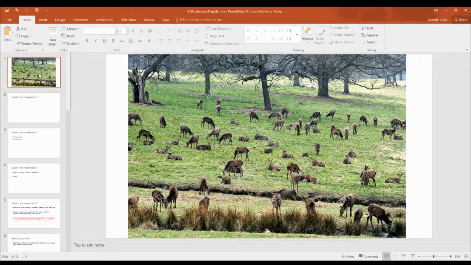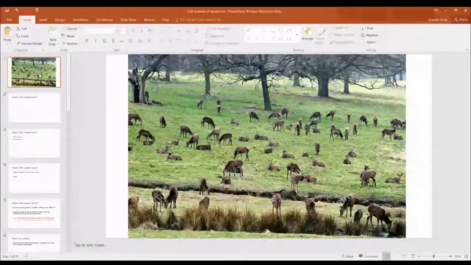It could be deer. It looks a little bit different from deer, but that doesn't matter. It's just a herd of herbivorous animals, and they're sitting on grass, right? Why are they on the grass? That's their food, right? And there's a lot of deer. So we'll talk about how the number of deer would be growing, right? And how they grow.